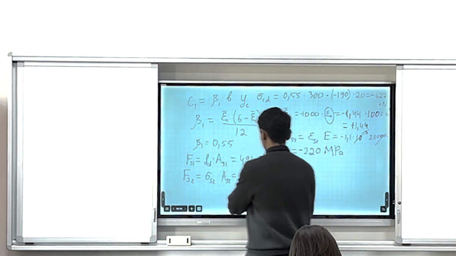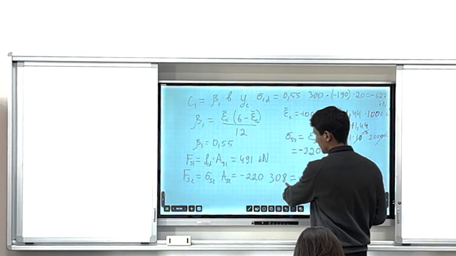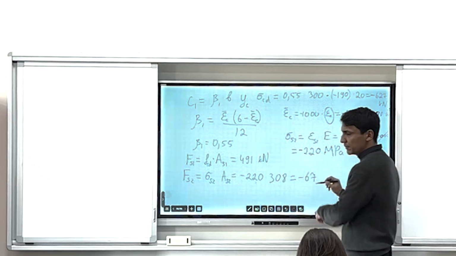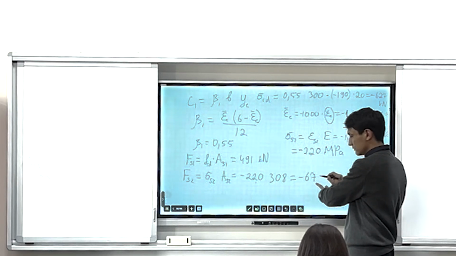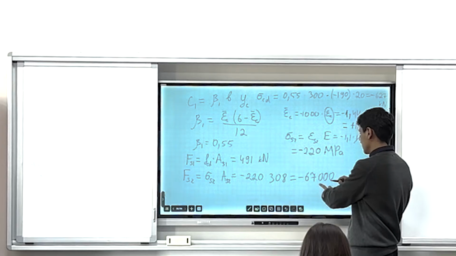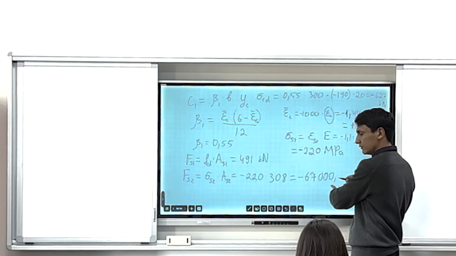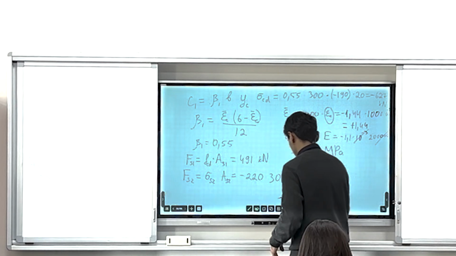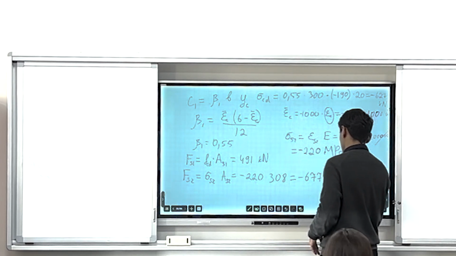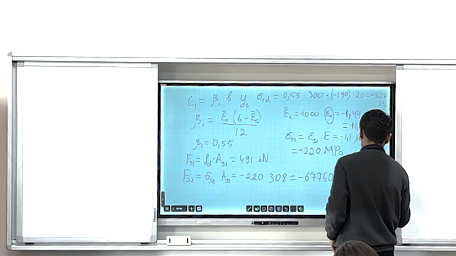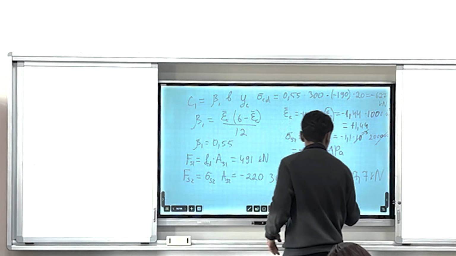So this one we have in megapascal, this one is millimeter squared, so we will have newtons. How much you said? 67,760? No, 67,700. Okay, without commas. So this will be 67.7 kilonewtons. Minus.